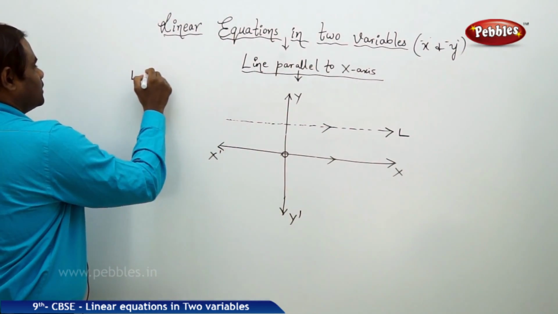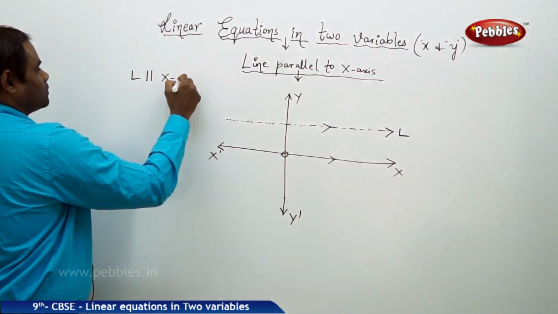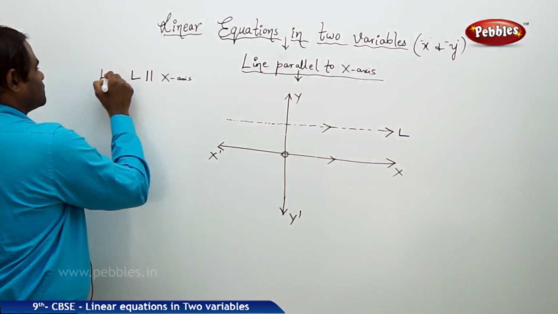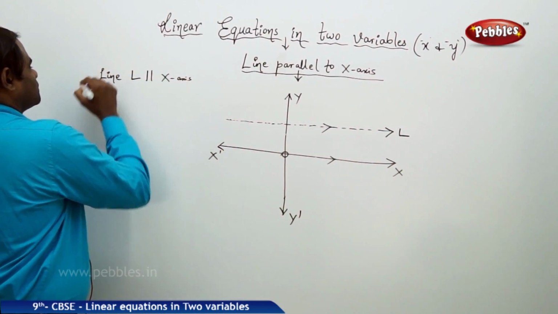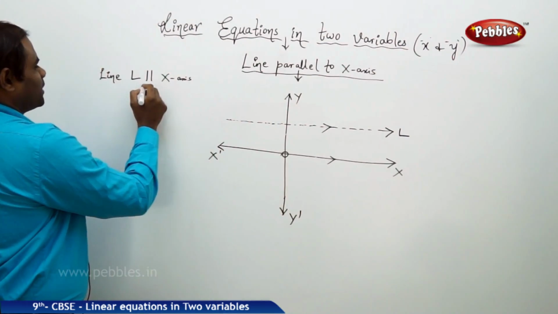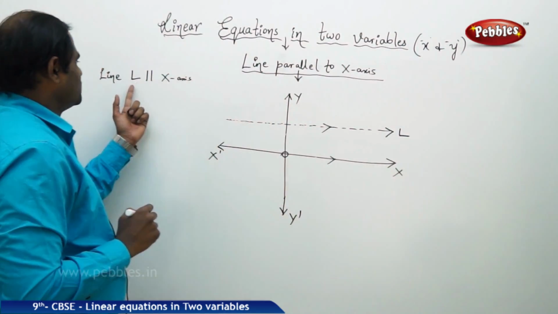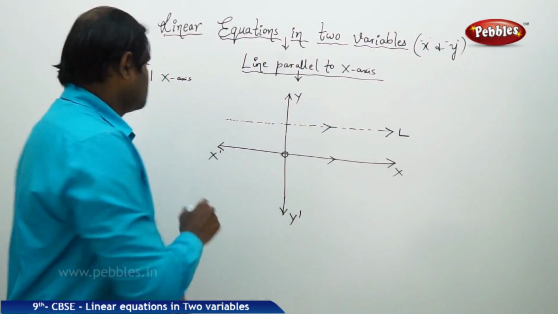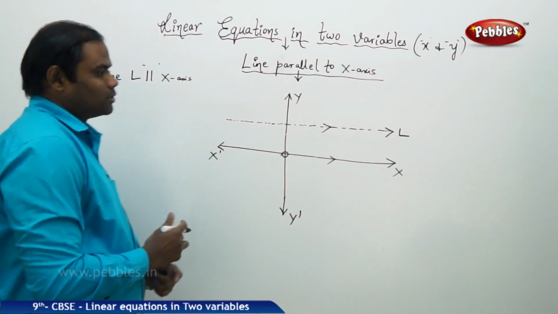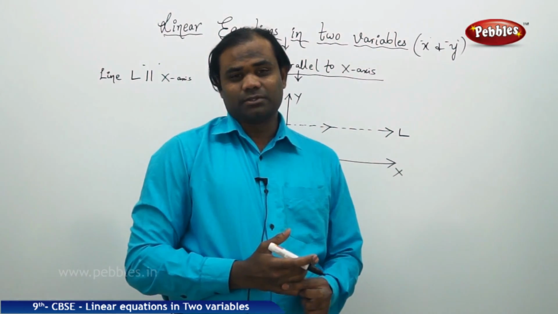The line L is parallel to x-axis. This is the representation for parallel. So line L is parallel to x-axis. Let's see what would be its equation.